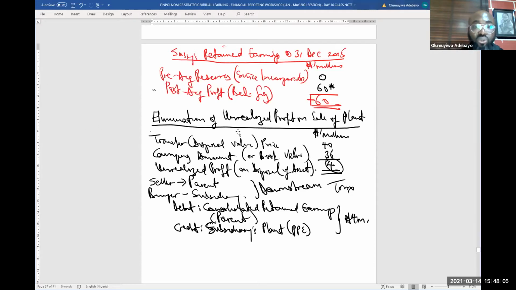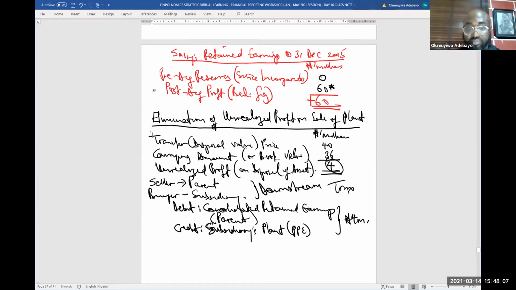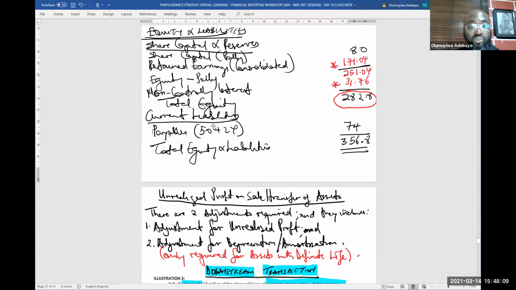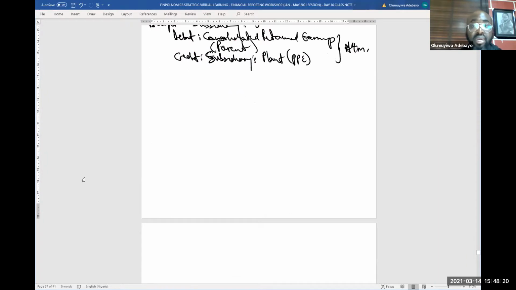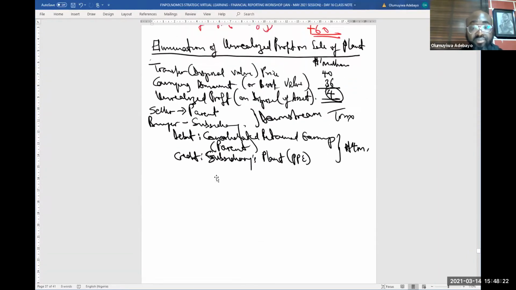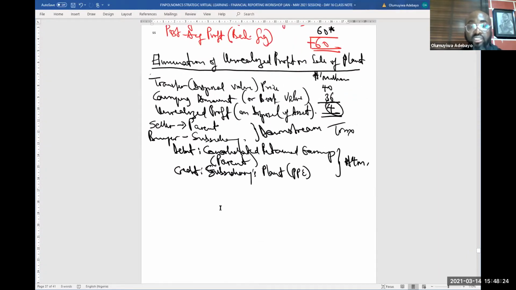But the adjustment only addresses this. The next one is the second adjustment, which means if you go by the books of the subsidiary, it will have been depreciating on the basis of 40 and not on the basis of 36.